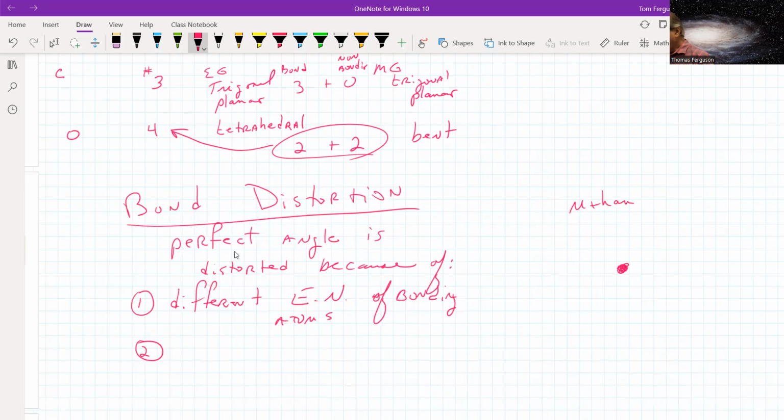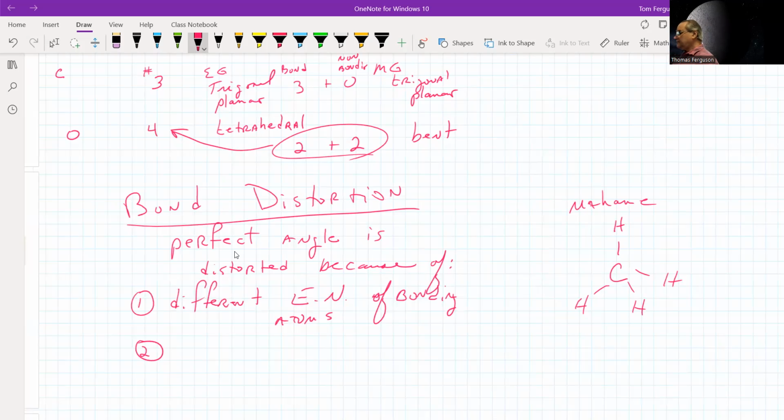if we were looking at methane, now that's a tetrahedron.